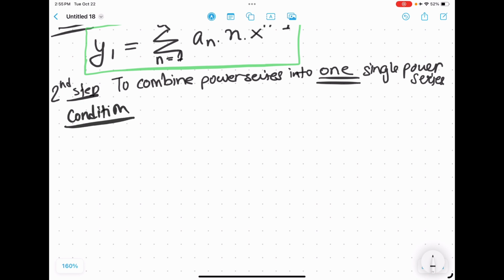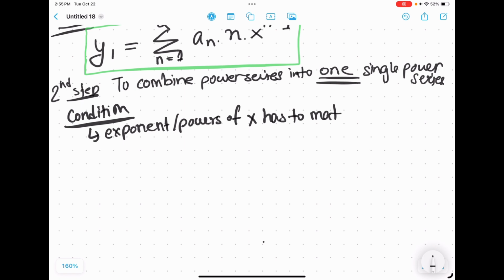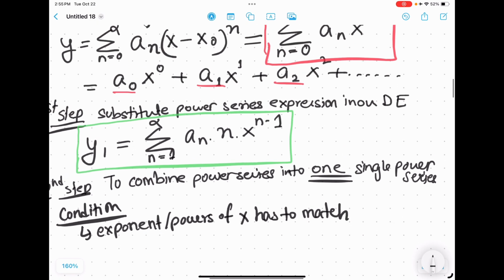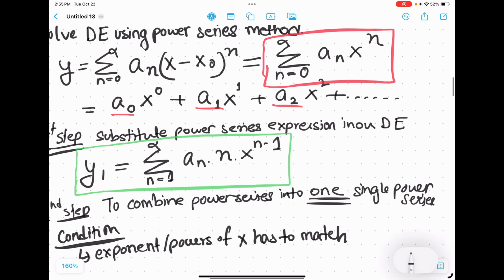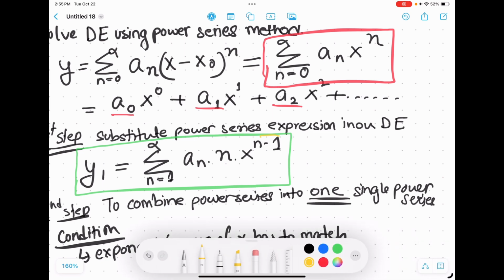The first condition was that the exponents, the powers of x, have to match. Okay, so what I'm trying to say is, let me go back, this right here and this one right here have to be the same.